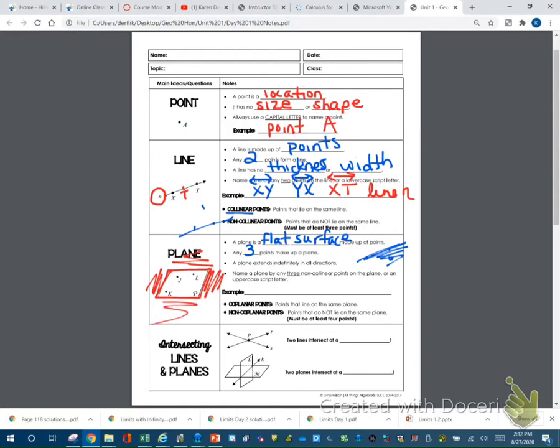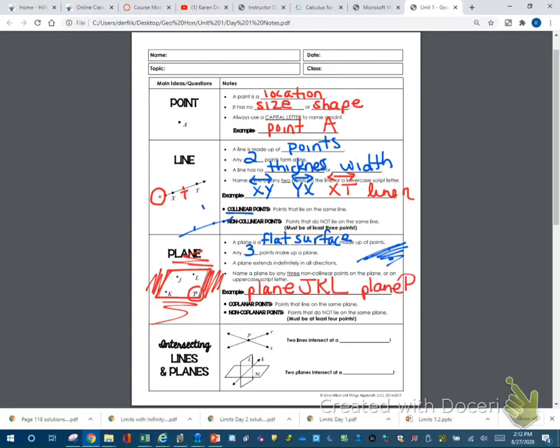When you name a plane, you have to name 3 points, and one of them has to be not in line with the other 2. So it could be plane JKL or plane KJL, any order, it doesn't matter. If they use a script letter like that, you could also just call it plane P.